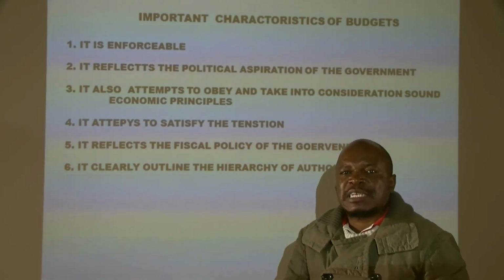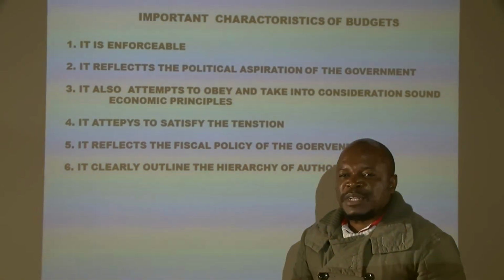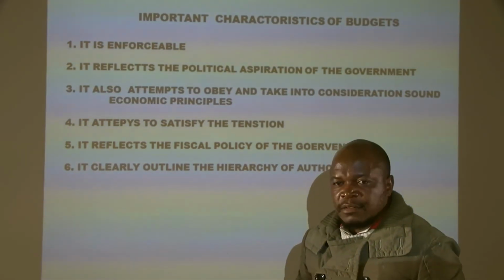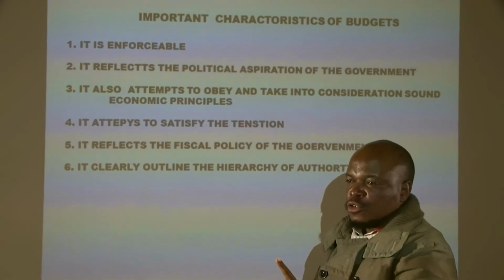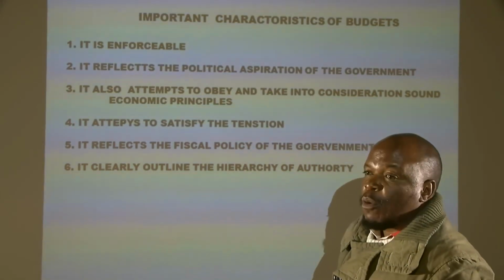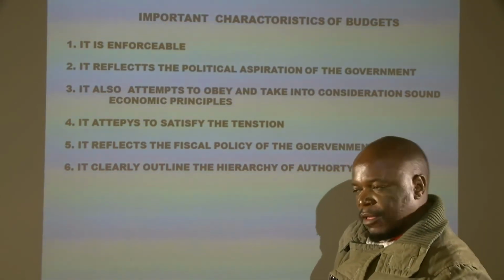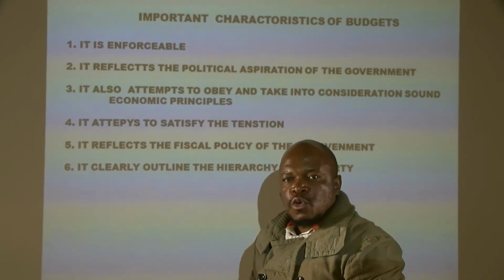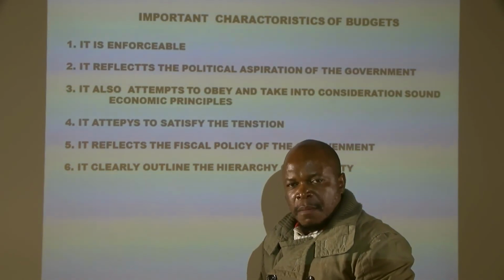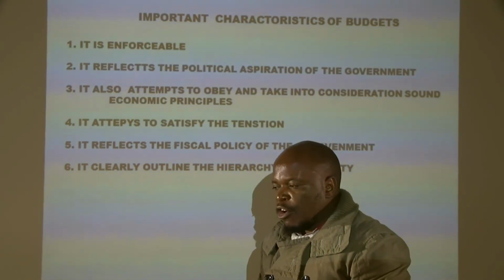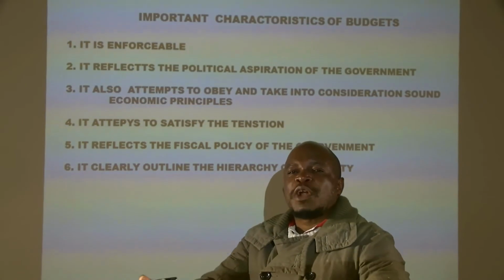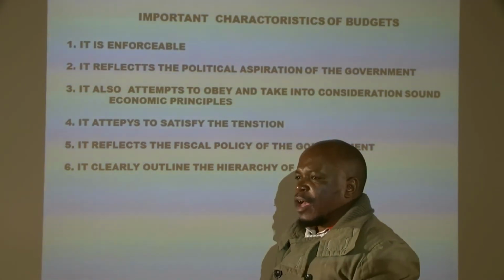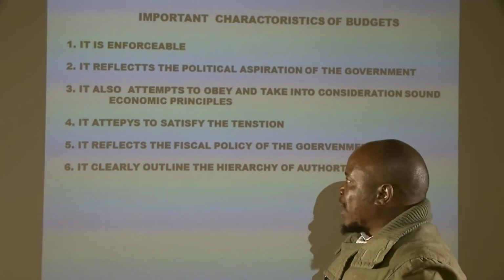Every political party, when it gets to power, has its own political aspiration. What do they want to achieve? So the budget must also lead us to that aspiration. If you want to educate the black people, there must be more funds for opening colleges, more funds for building colleges and universities, so that we can aspire to achieve that.